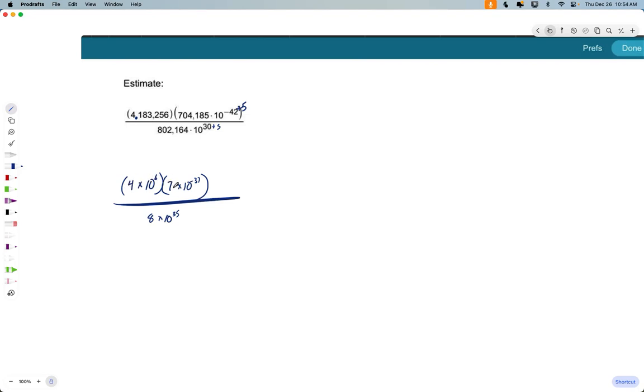So I need to multiply here first. So I have 28 times 10. 6 plus a negative 37 is a negative 31 over 8 times 10 to the positive 35. Well, I can't have 28. I've got to move that over. It's going to be 2.8, which we would round to 3. We added 1 times 10 to the negative 30 over 8 times 10 to the positive 35.